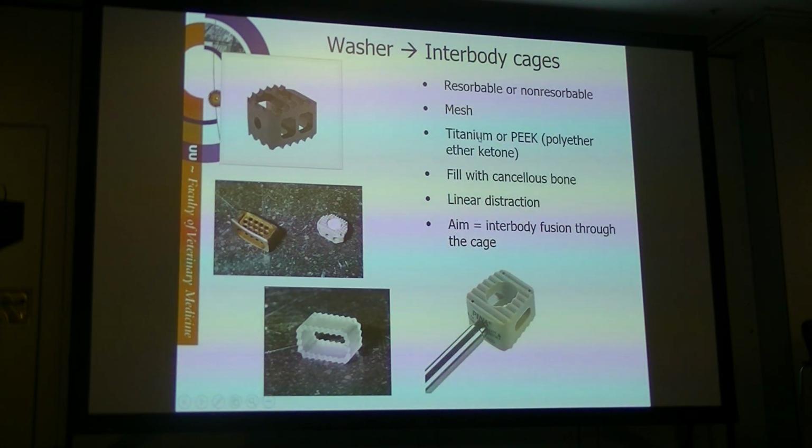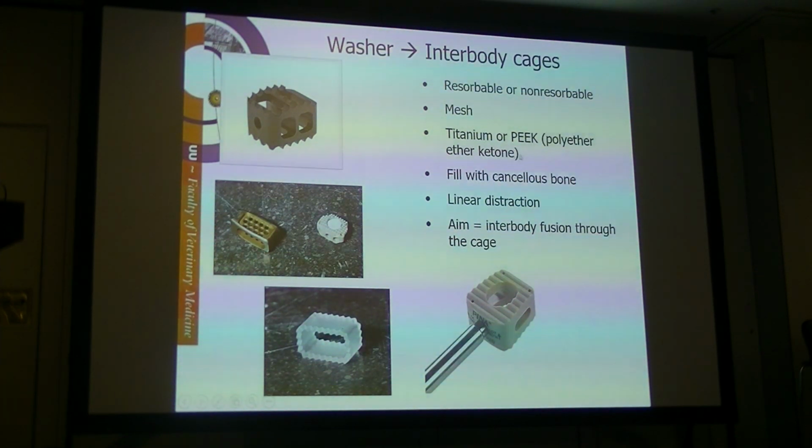They may be titanium or PEEK. PEEK is sort of a plastic, polyether ether ketone, which was introduced in the orthopedic field in humans, became very popular, and also found its way to spine devices. And still, at this moment, a lot of spine devices are made from PEEK.